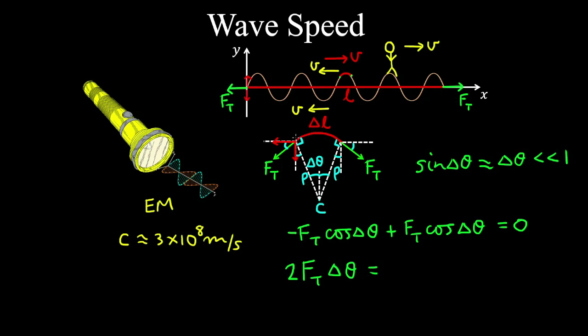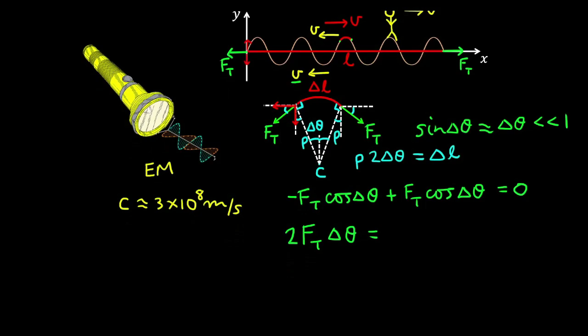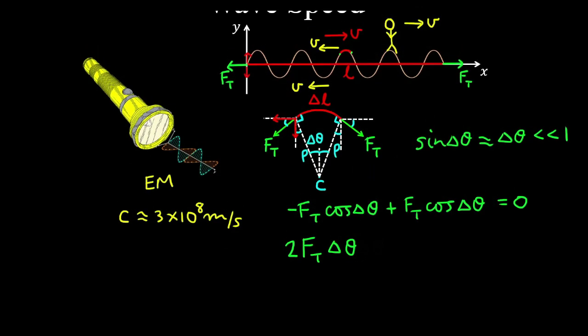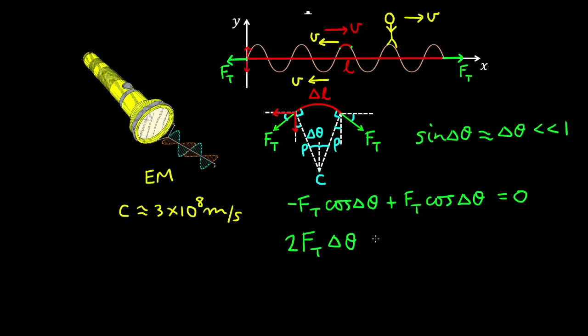So as this element of the string moves at some speed, the net force acting on it towards the center of curvature is equal to the mass of this element of string, which we'll take as delta m, by the speed that this element of string is moving relative to our observer that's moving along with the wave at a constant speed.